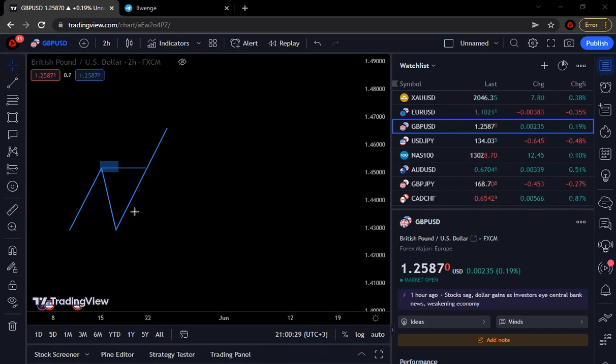Even if you look at this movement, it is with high momentum. That means there is a high probability of this being our demand. This is our demand or order block. Supply and demand are order blocks.